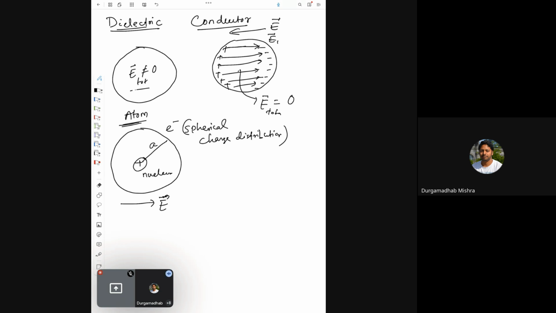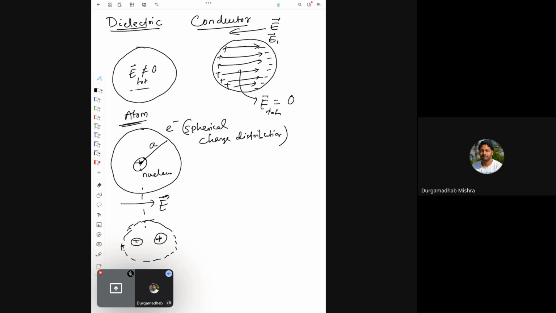Now if I apply an electric field to that atom, what would happen? The positive charge of the nucleus will move in the direction of the electric field. So there will be a certain displacement of this positive charge. And the electron cloud, whose charge center is at the origin initially, with the spherical charge distribution, has its charge center exactly on the positive charge. So the electron cloud will now be shifted a bit. This electron cloud will shift and the charge center of the negative charge will be somewhere here.